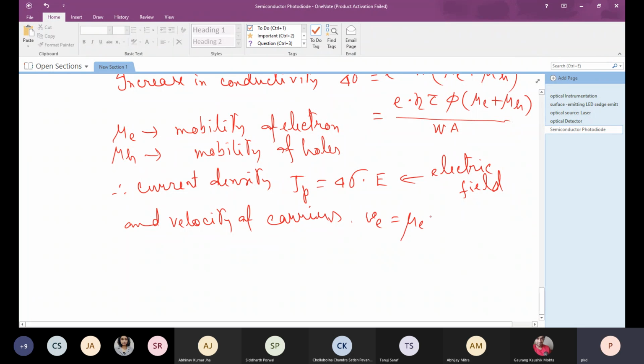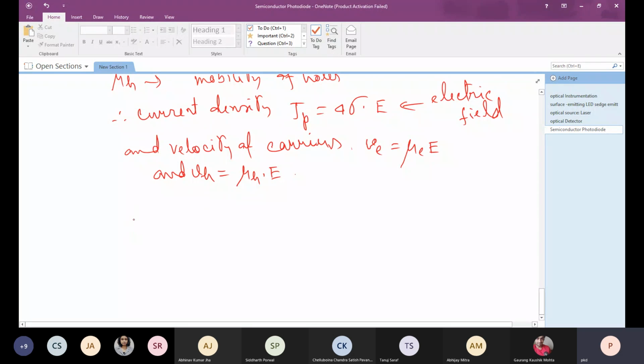The velocities of the carriers are VE, mu E into E, and VH, mu H into E. So JP is given by e eta tau times VE plus VH divided by WA, into phi.